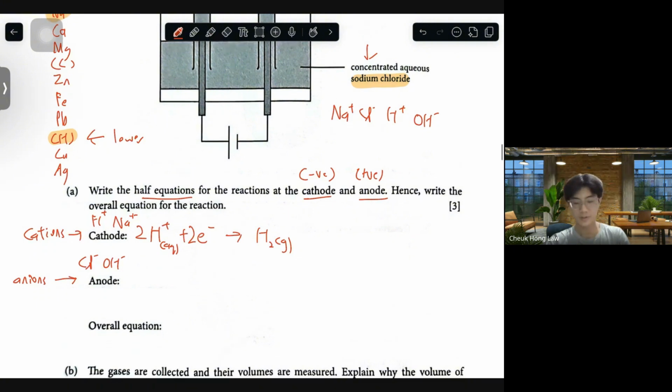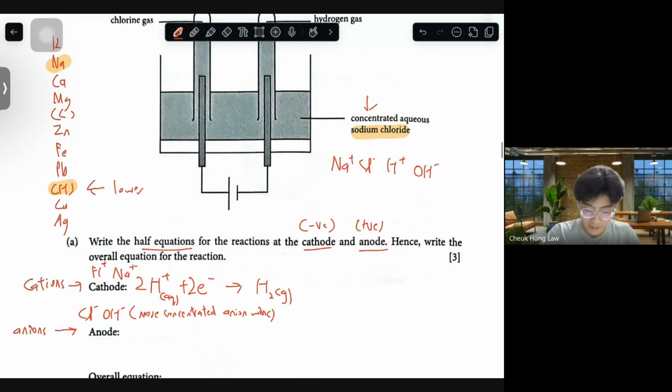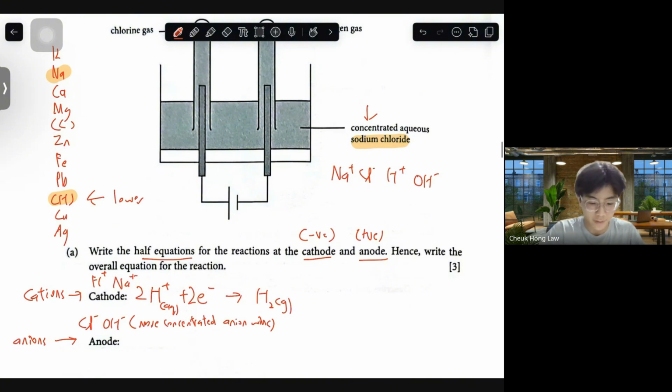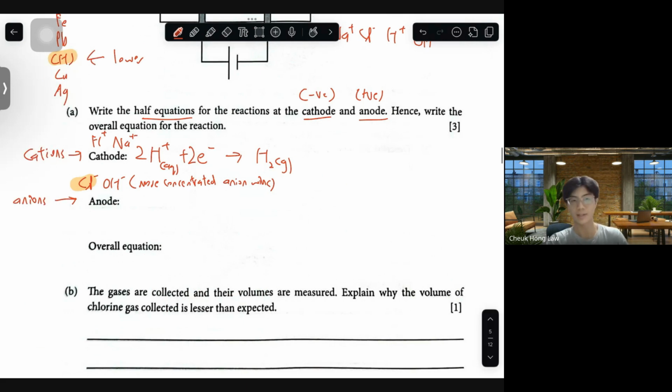So if it's concentrated, we look at the concentration effect, meaning the more concentrated anion wins. The more concentrated anion will be selectively discharged. So if your solution is sodium chloride, that means your chloride ions will be of higher concentration. So they will be selectively discharged.